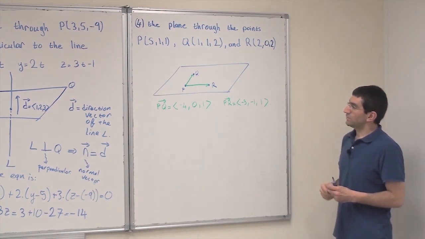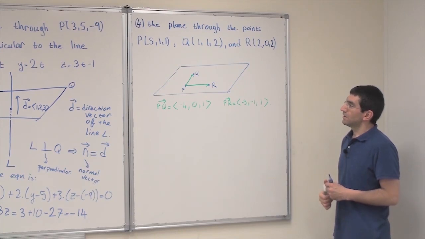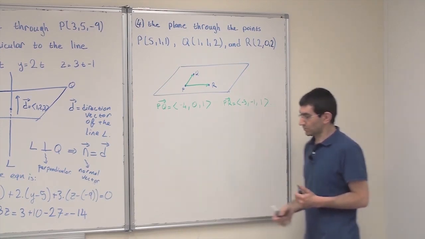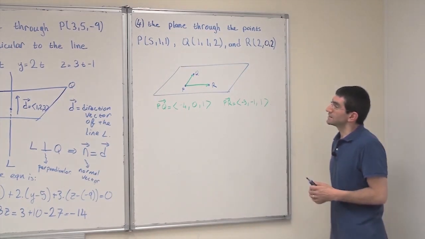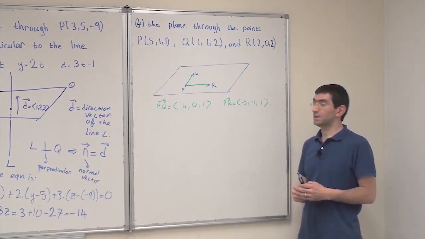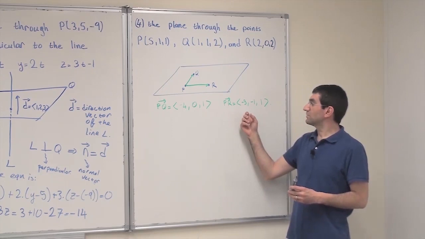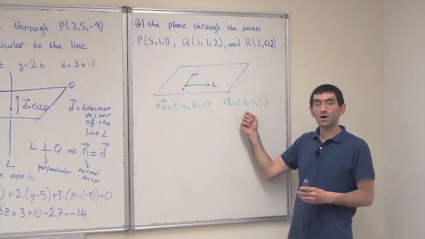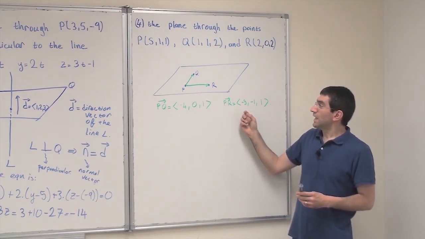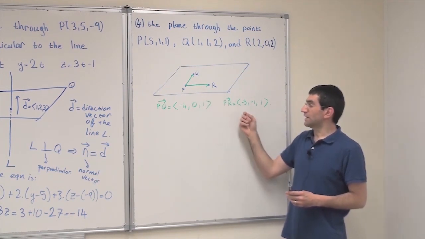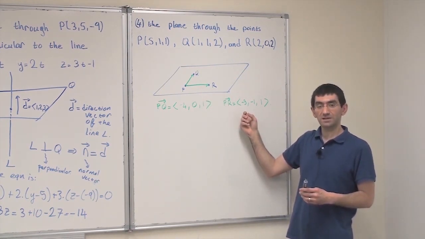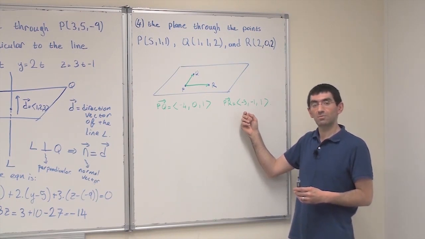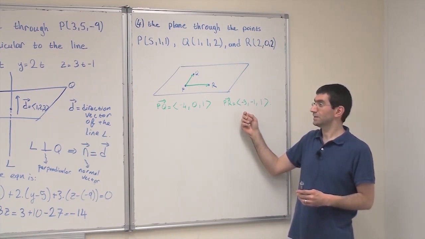Now that we have these two vectors, we are going to create the normal vector. The normal vector is a vector which is perpendicular to the plane. But the vectors that we have created are vectors on the plane. The cross product of any two vectors is a vector which is perpendicular to both vectors in the cross product.